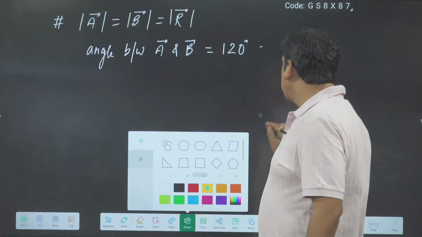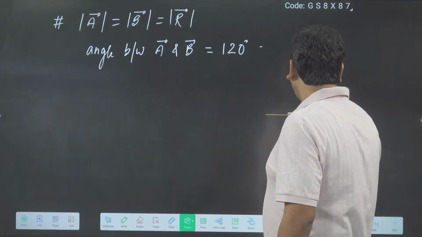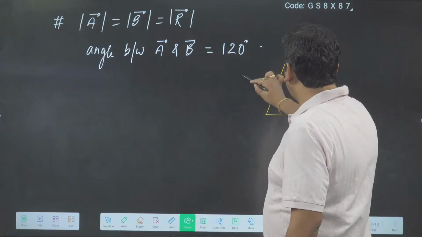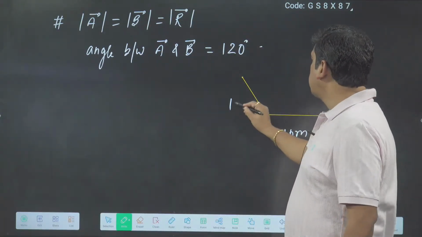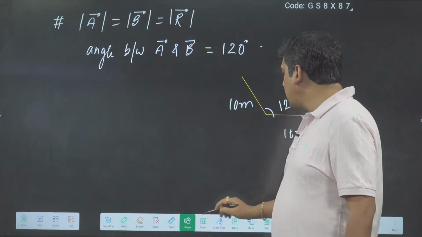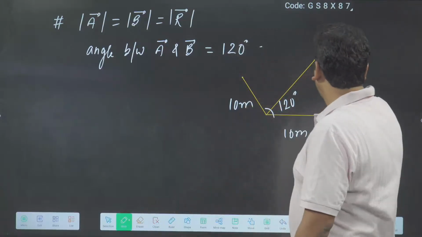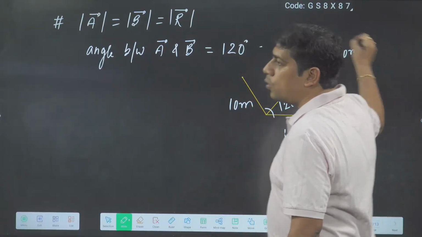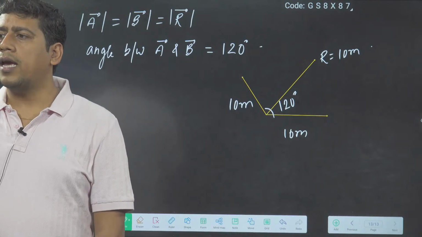If one vector is here and one vector is here, this is 10 meter, this is 10 meter, the angle between them is 120 degrees, find the resultant. If you remember the result, then the resultant will also be 10 meter. This is the simple thing I'm saying.